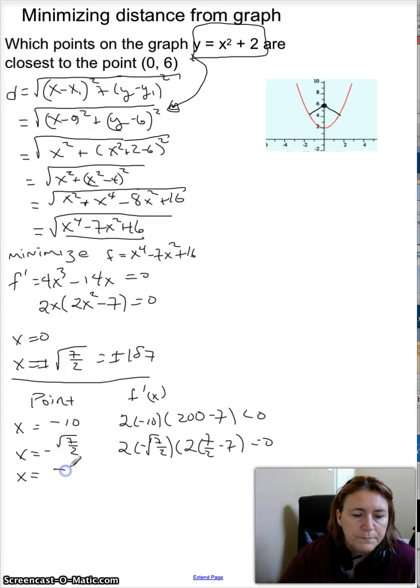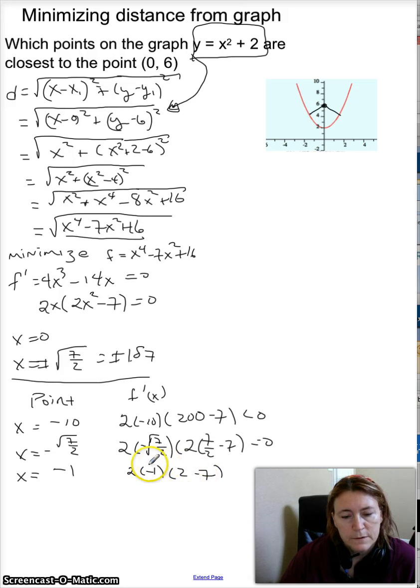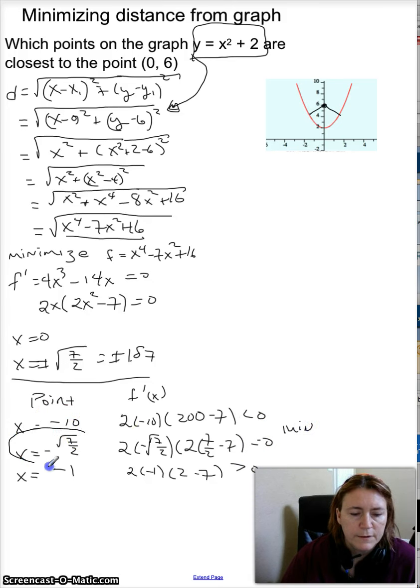Let's try negative 1. This is 2 times negative 1 times 2 minus 7. So this is negative times negative, which is positive. So we see right here we have a min at x equals negative square root of 7/2 by the first derivative test.